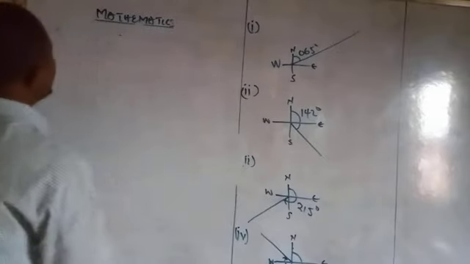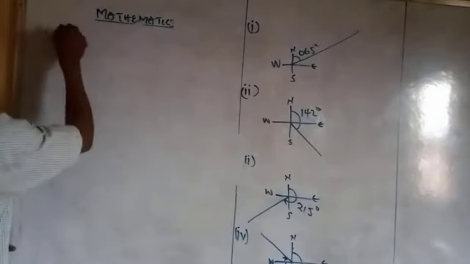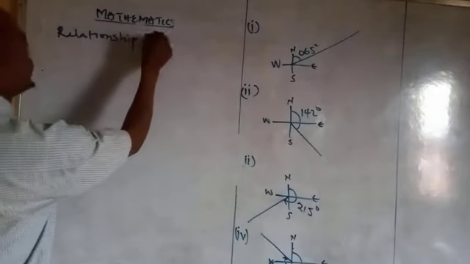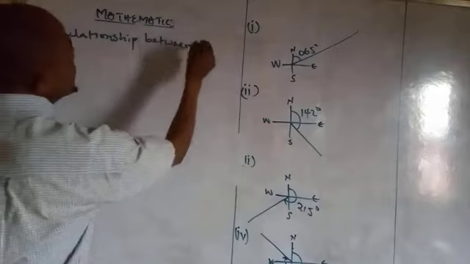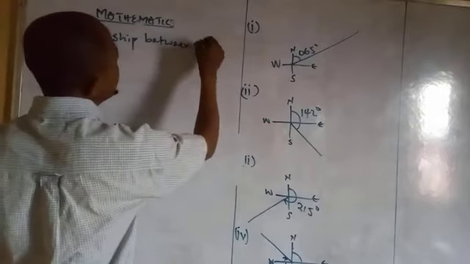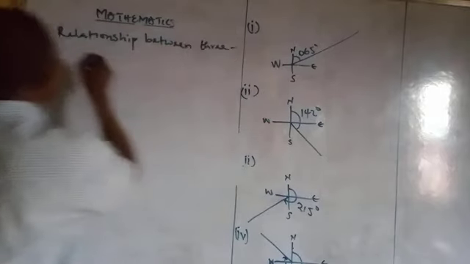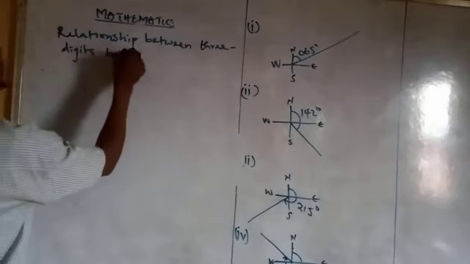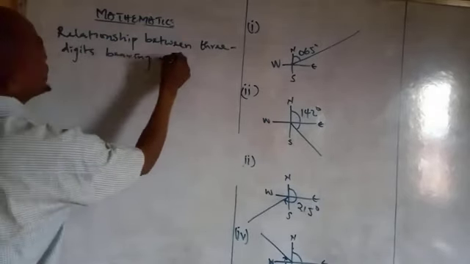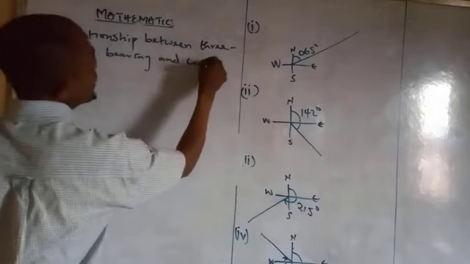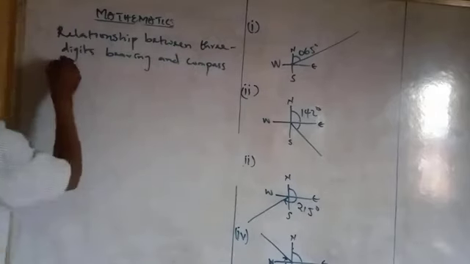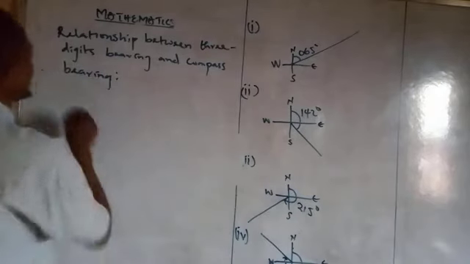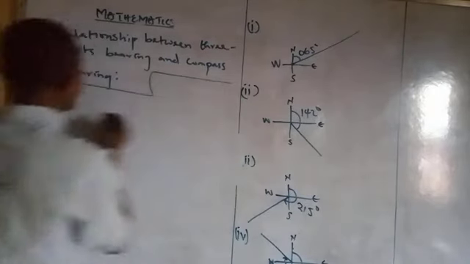Let's look at this relationship between 3-digit bearing and compass bearing. So let's look at this example.